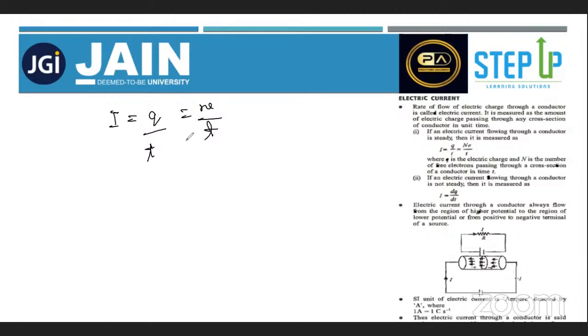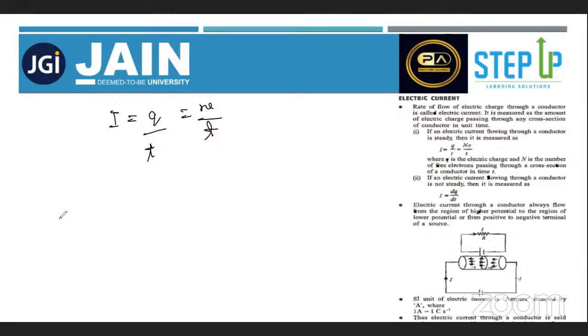Now, in the question, if they ask you to find the time at which the direction of the current changes, you just have to differentiate that equation and equate it to zero.